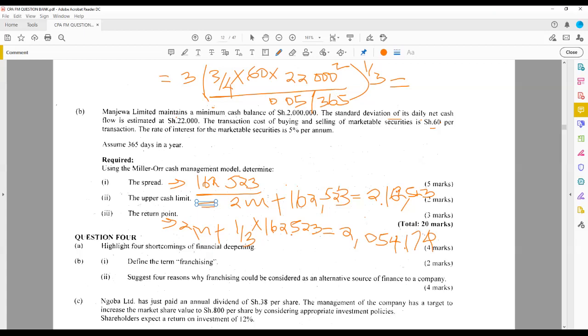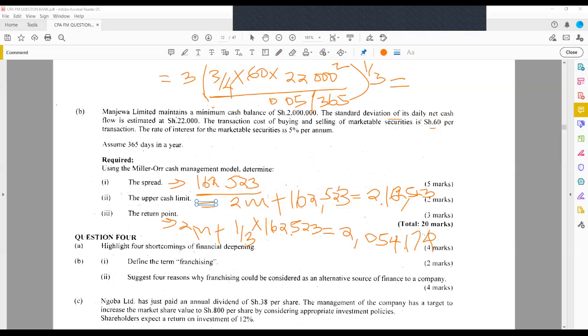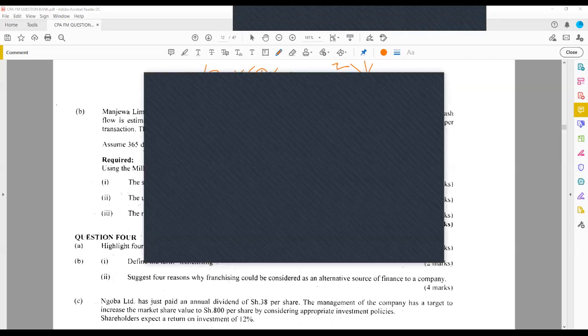The Baumol model, which I think we discussed last time, and the Miller-Orr model, cash management models. Today I want us to discuss forecasting. Not sure if I've done that. How to forecast working capital need. Have we prepared a statement of working capital requirement?